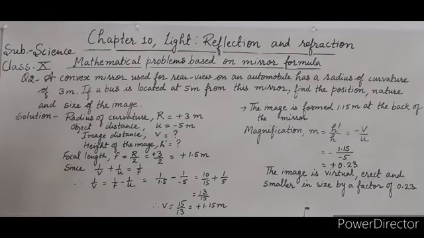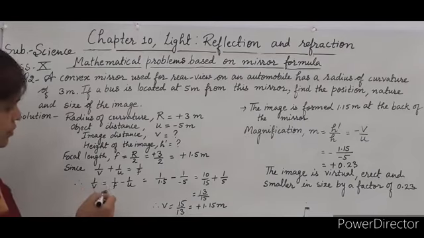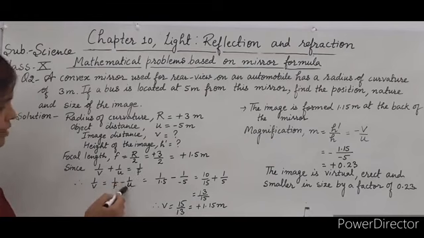Now applying the mirror formula, 1 upon v plus 1 upon u is equal to 1 upon f. Substituting the values, 1 upon v is equal to 1 upon f minus 1 upon u.